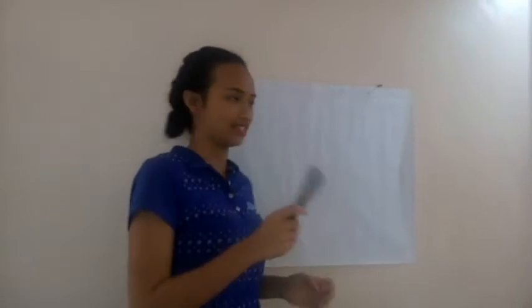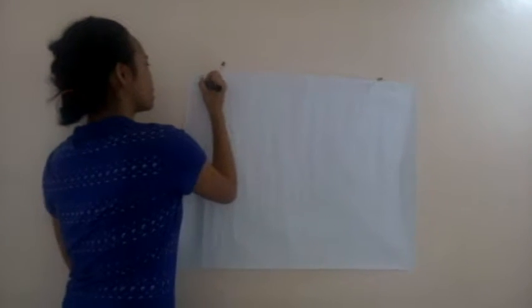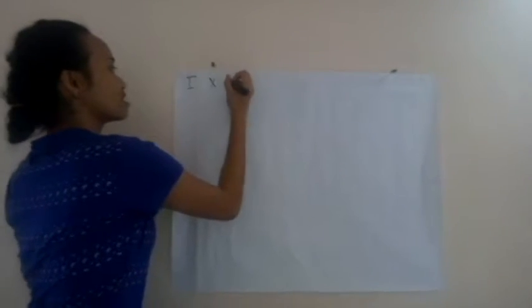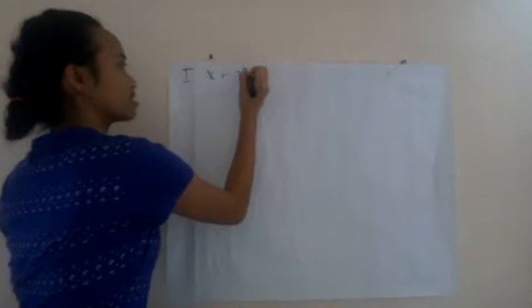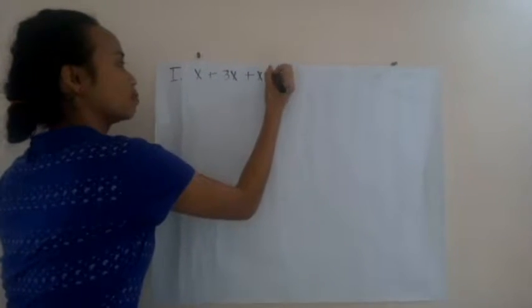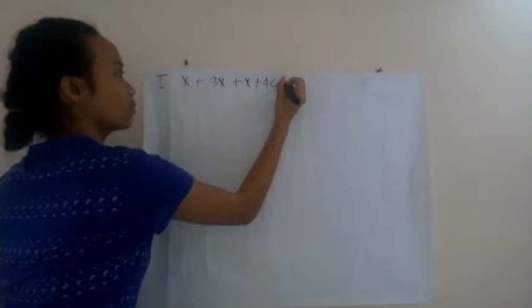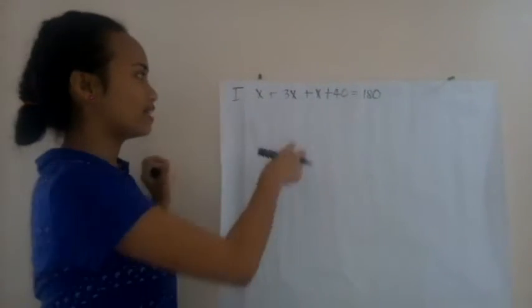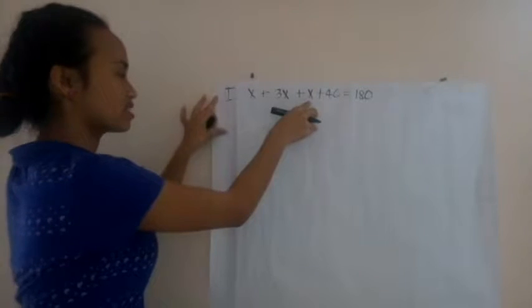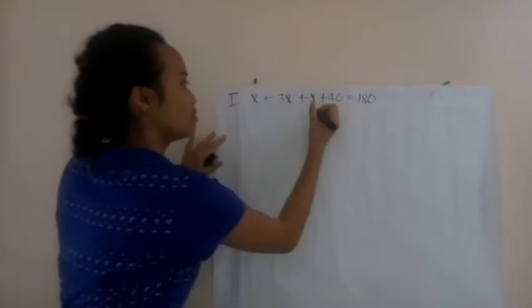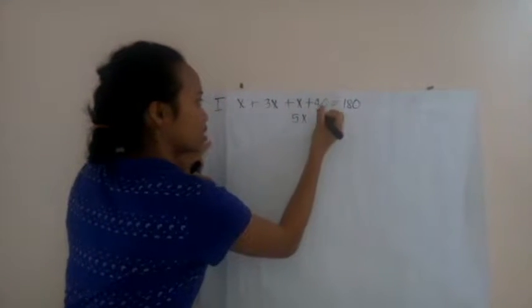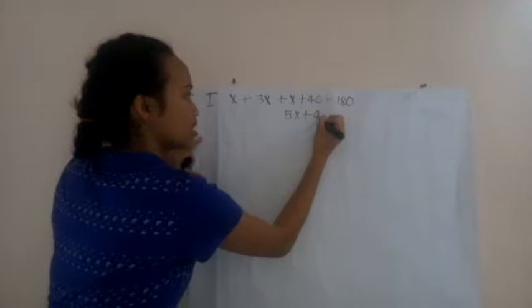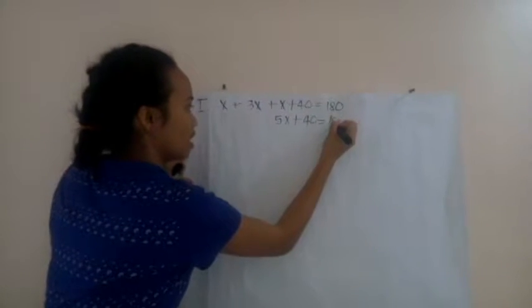The equation is x plus 3x plus x plus 40 equals 180. So you need to add x plus 3x, which is equal to 5x. Copy 40 equals 180.